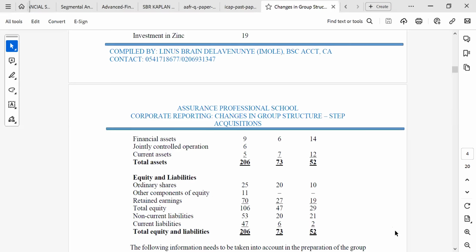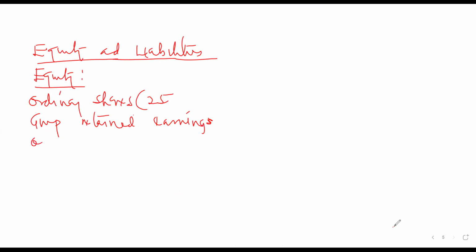We have other components of equity also there. Other component of equity. Okay, so we are done with those ones. What will be the other item that will come under the equity, but we do not add it there?